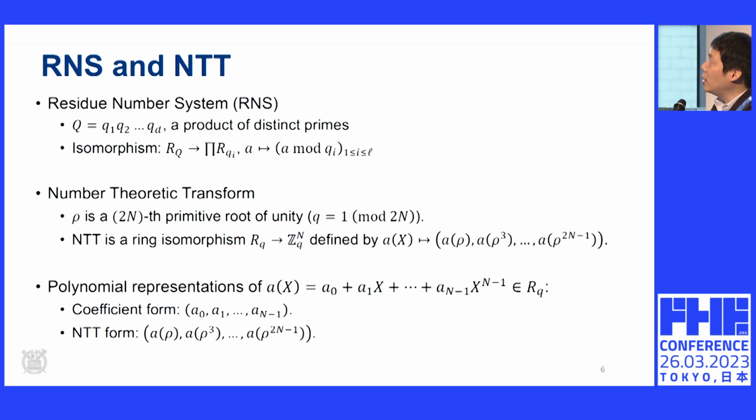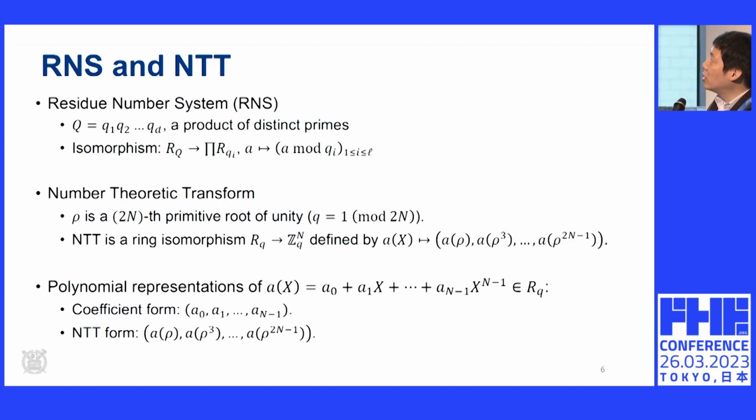So if A is an element of a ring modulo Q, then instead of using a multi-precision representation, you can represent A as a tuple of A modulo Qi, and each A mod Qi is word size. And for arithmetic operations, you can just add or multiply in this RNS space. We informally say that a function is RNS friendly when the function can be evaluated in the RNS form without going to multi-precision representation.